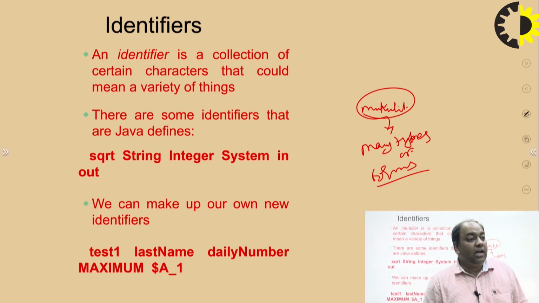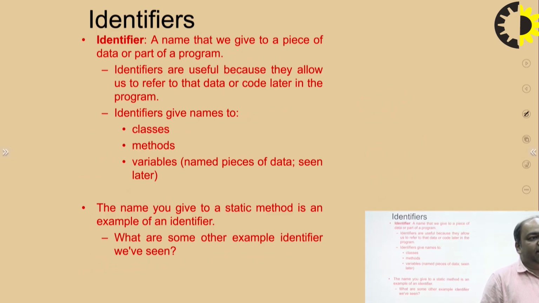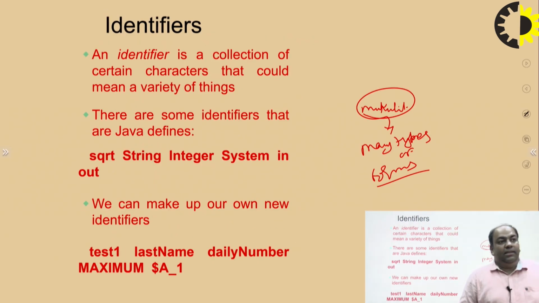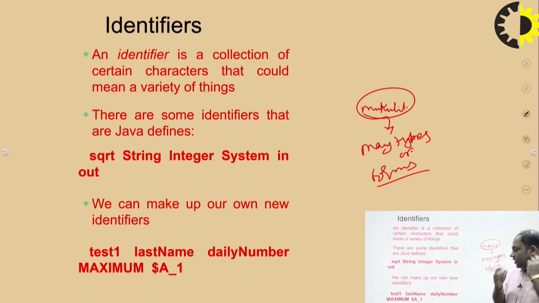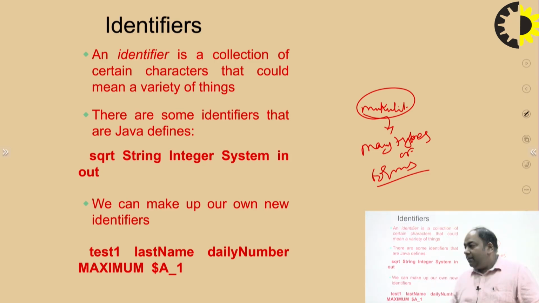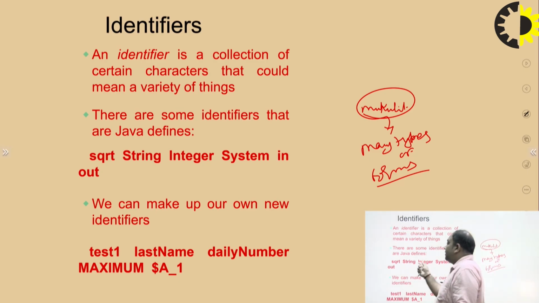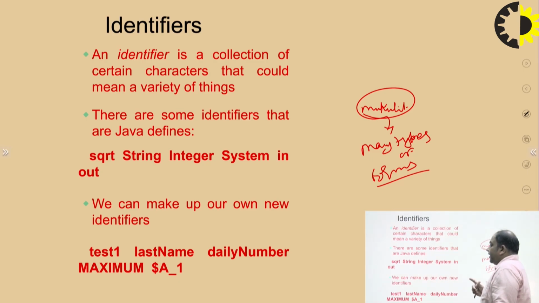Okay, and there are some rules for writing those identifiers. Okay, these identifiers can be some data type also. SQRT is a method, string, integer, system, in, out. All these are identifiers, and these identifiers actually give some meaning. What is SQRT? SQRT we write for square root, string for defining the characters, integer for defining the numbers, system is for your own system, in is for input and out is for output.